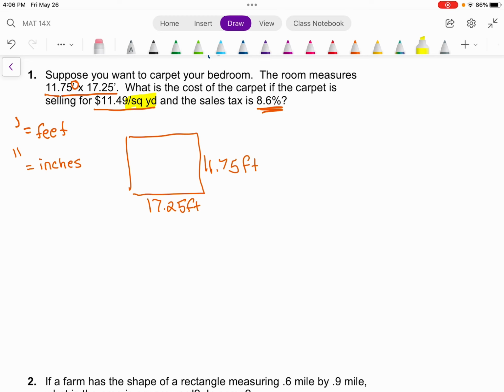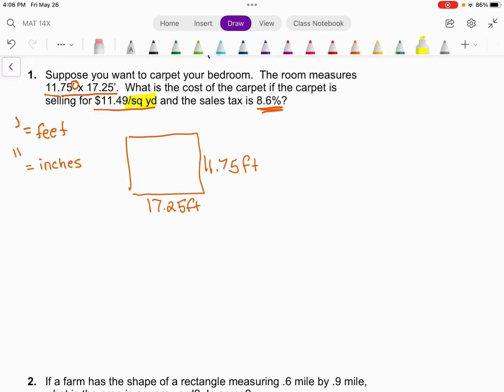I'm going to try to show you both methods, and that way you get a sense of what you would prefer. All right, so we'll call this the convert second method.